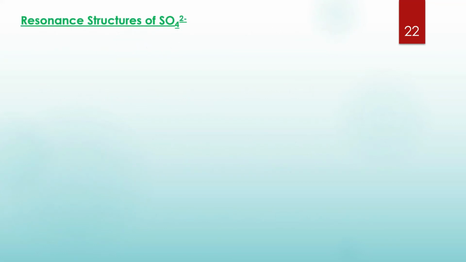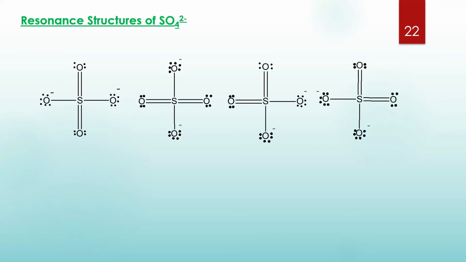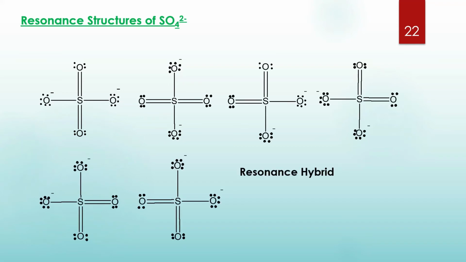So sulfate, we are coming back to the sulfate. We concluded this as the most stable Lewis structure. Now you can draw resonance structures like this. You have oxygen, you have the double bond here.